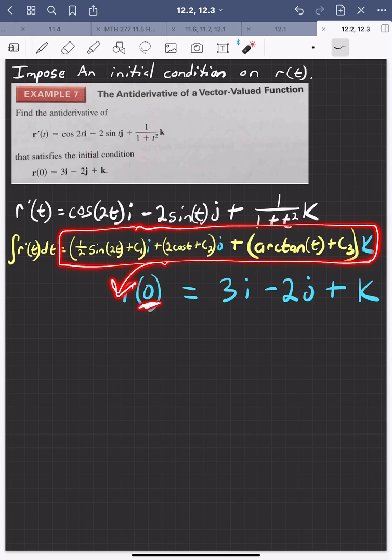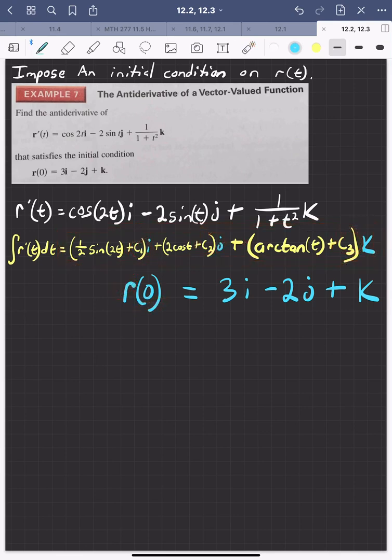Does that make sense to you? I'll say that one more time. We're going to take that vector and place it on the left side of this equation, but we're going to make sure we plug 0 in for t. And what is that going to do? That's going to help us find our constants of integration.